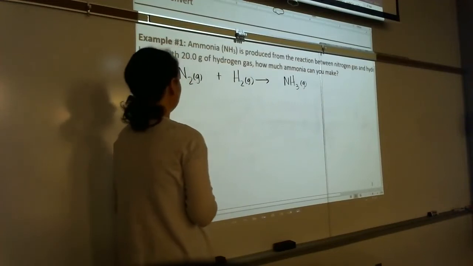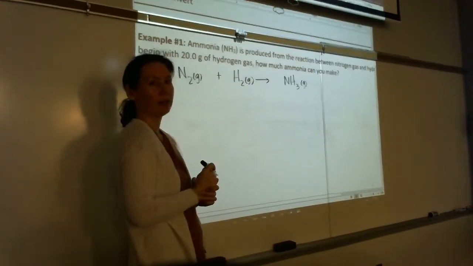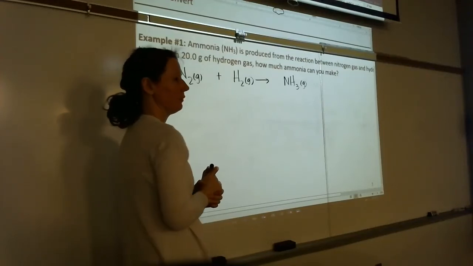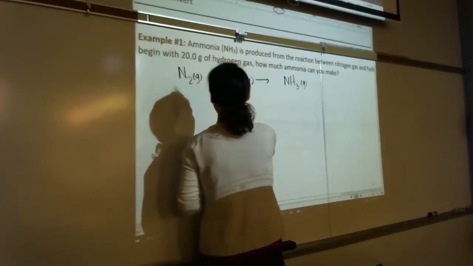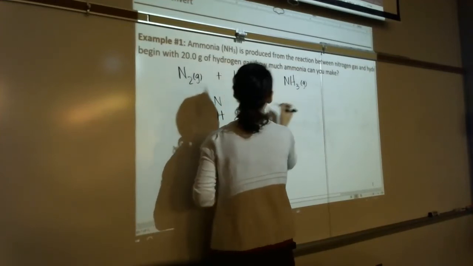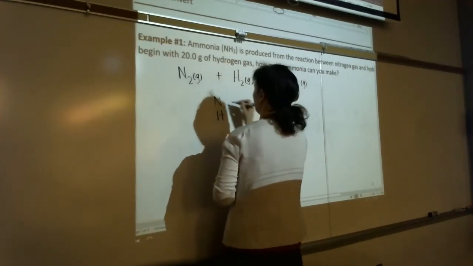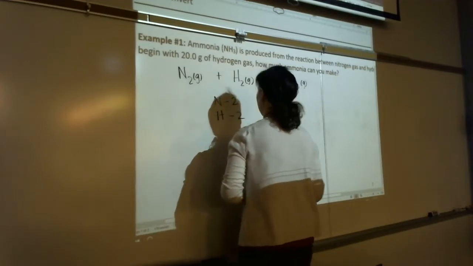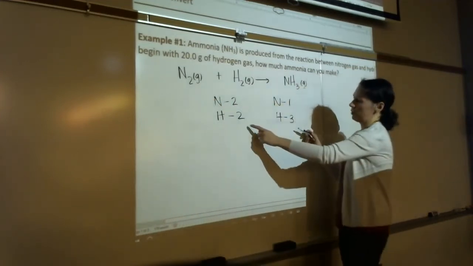No, it's not. Do we want to make a reactant and product table, or can we do it in our head? Let's just do the table just for practice. N, H, N, H. We've got 2 and 2. We've got 1 and 3. So let's deal with the 2 and 3, right?